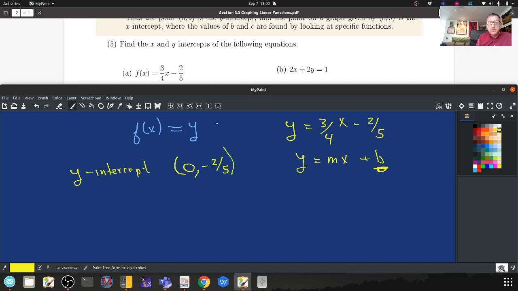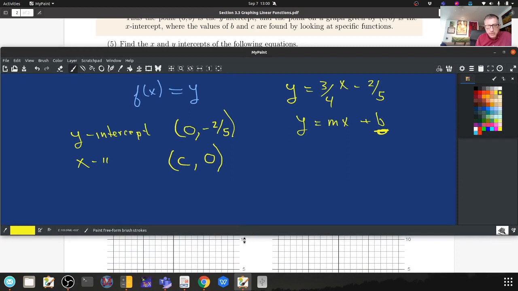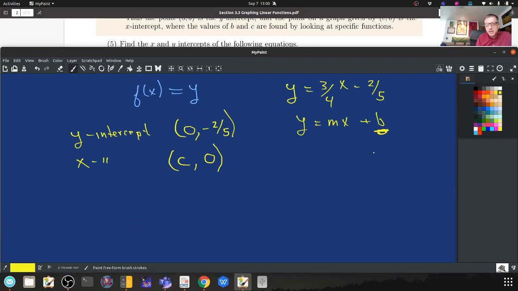But we are going to have to do some work to find the x-intercept. The x-intercept is some number c, but our y value is always equal to 0. So what we do in this equation is we're going to make things a lot simpler. I don't want you all using fractions. So I'm going to transform this into an equivalent equation that will be easier to work with.